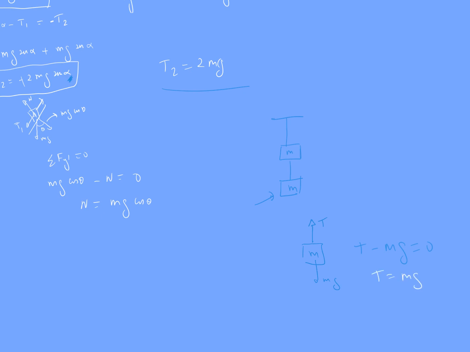So now I will do the problem here. I will choose this box as my system, and I will say here there is a tension T. And the system inside is in equilibrium, so there is force going up and there is force going down. 1 mg from this one and 1 mg for the other mass.